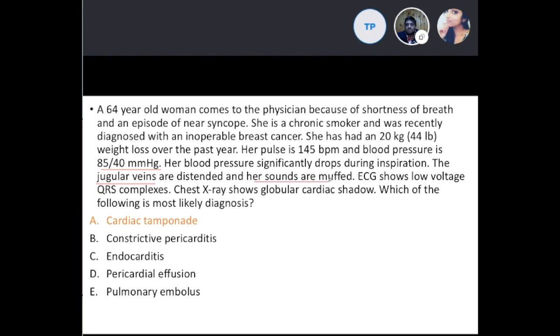So Beck's triad is one. If you didn't know that, you can also look at the low voltage QRS complexes. And I think one other thing here, the blood pressure significantly drops during inspiration. That's the pulsus paradoxus. So there's plenty of clues in this patient to give you tamponade.